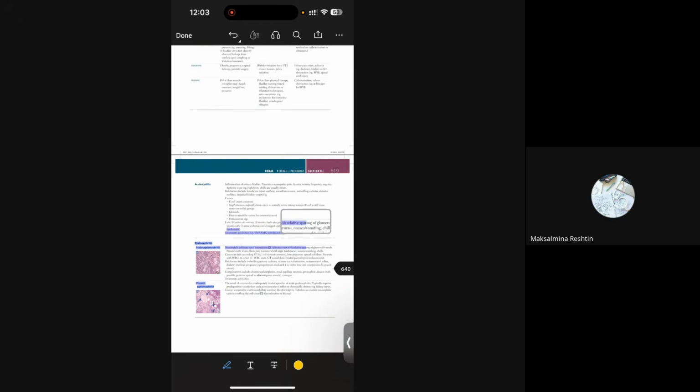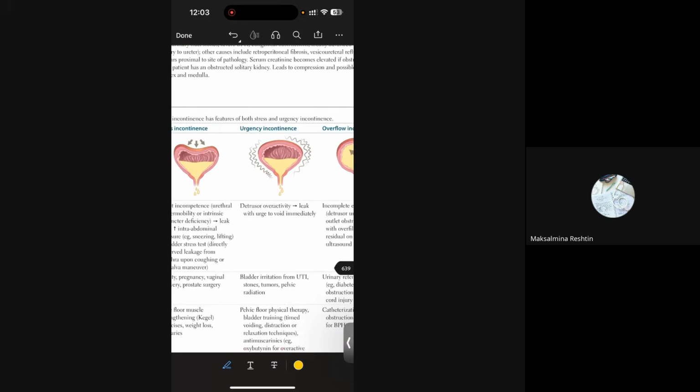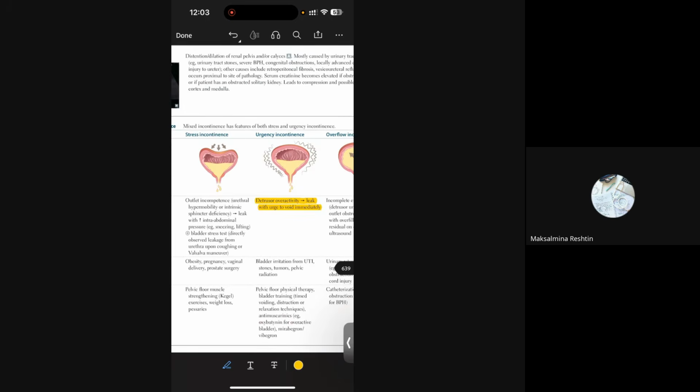Again, the patient does not feel any sensation of a full bladder. Overflow incontinence. In urgency incontinence, there is detrusor overactivity leading to a leak with urge. In this patient, there is no urge, so it is not urgency incontinence.